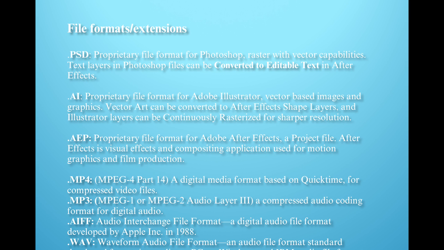An AI file is an Illustrator file. It's a proprietary file format for Adobe Illustrator. It's vector-based imagery, and it has the ability to be imported into After Effects and then changed into shape layers, which you can use and do anything to it that a shape animation can do.